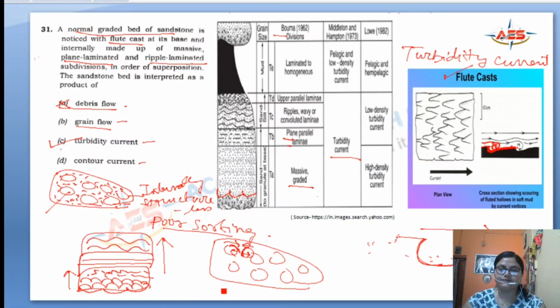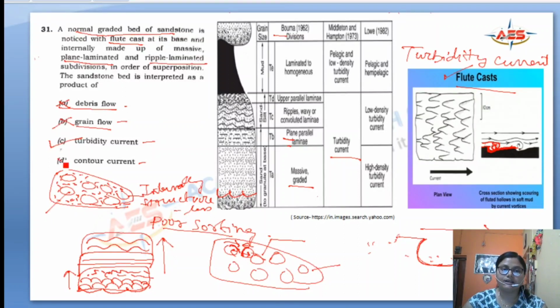Due to this dispersive force the grains start moving downhill under the action of gravity. This is a type of sediment gravity flow where the grains are supported by the dispersive force due to grain collision. This is called the grain flow, and in case of grain flow, fluid cast is not found. Okay, so grain flow could not be an answer.